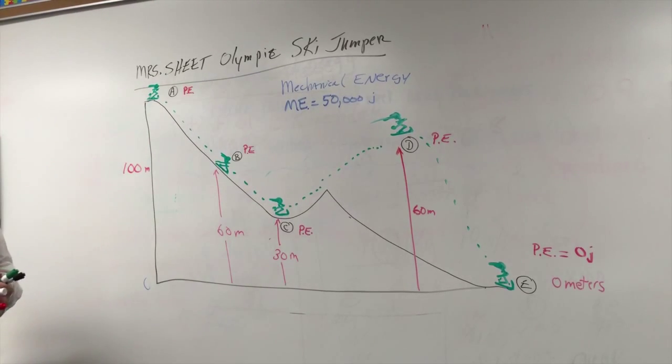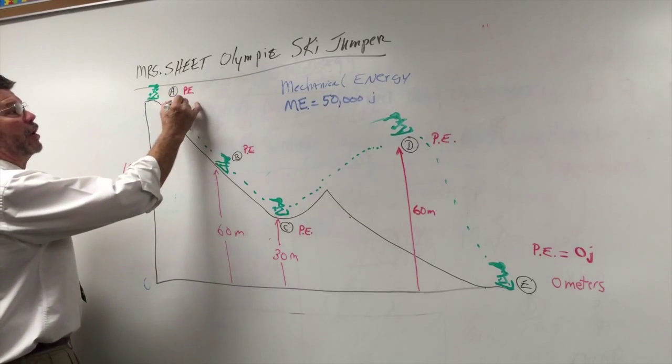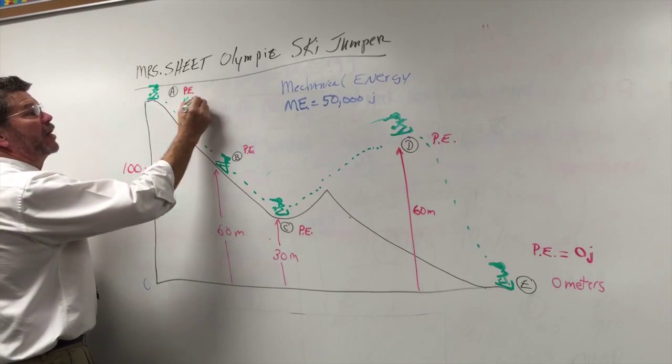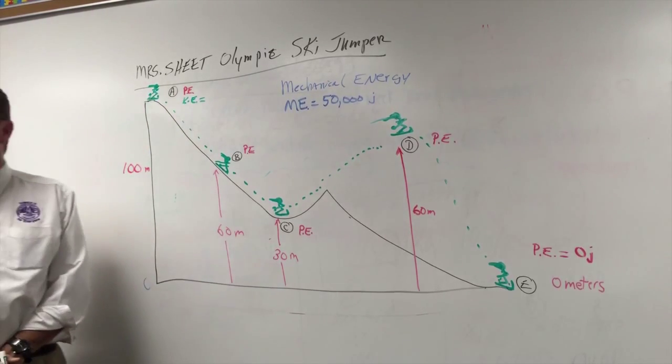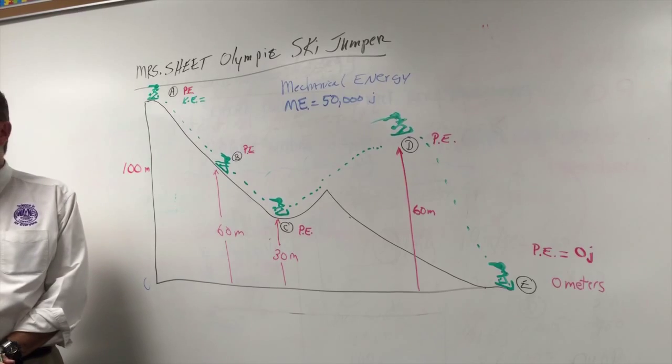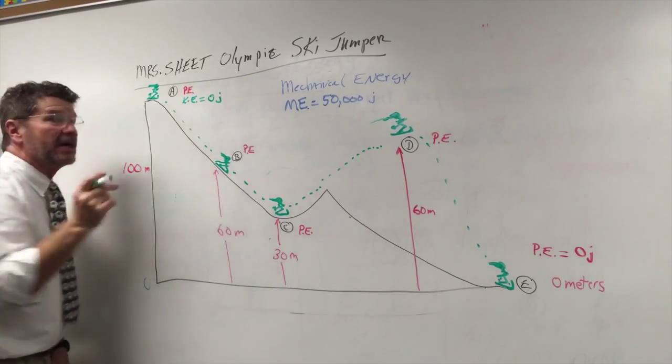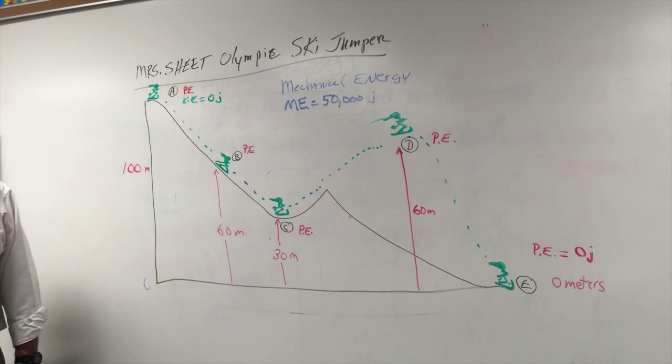So this is where it gets real interesting. Let's see, I'll use the green. For this one, we also needed to know the kinetic energy. Now, is she moving at all right here? No. So, no movement. How many joules of kinetic energy? 0 joules. Now, this becomes a simple math problem.